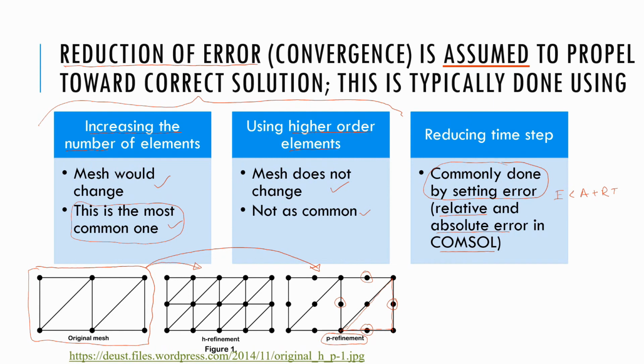If the error is not less than this, then it reduces the time step. But this it can do automatically. So those are the three different ways we reduce error in computation.